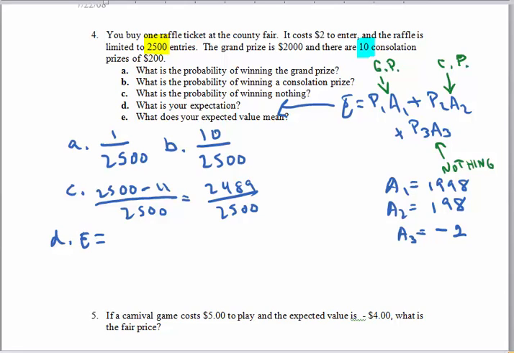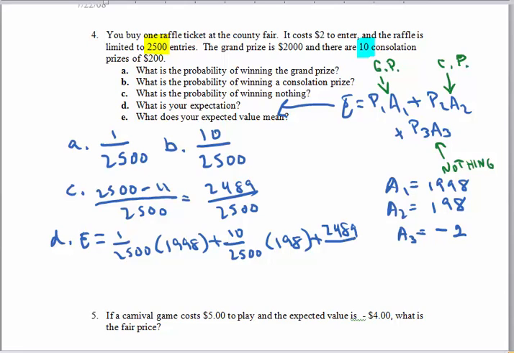All right. So now I have everything I need to find my expected value. I would just multiply P1, which is 1 out of 2,500, times the amount that I win if I win the grand prize, which we said was $1,998, plus the probability that I win the consolation prize, which was 10 out of 2,500, times the amount I win if I win that, which is $198, and then I add that to the probability of winning nothing, which was 2,489 out of 2,500, but I would actually multiply that by the $2 that I would lose, negative 2, right, if I don't win anything.